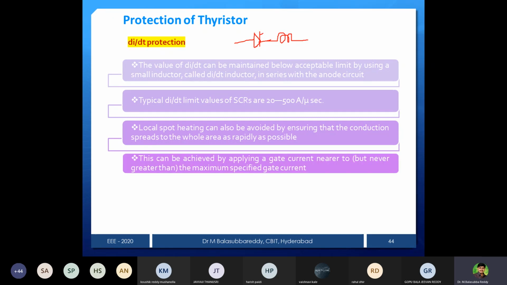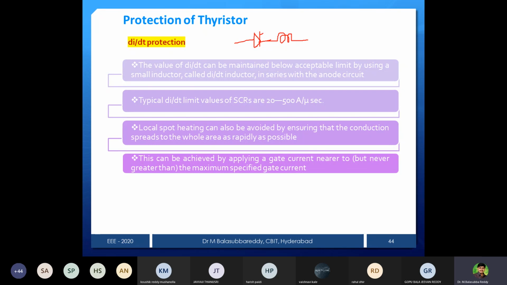And this can be achieved by applying a gate current near the maximum specified gate current. It should not be beyond the higher value. These are the reasons the designer specifies Ig minimum and Ig maximum in each specification or data sheet. If you pass a gate current below Ig maximum, this problem will not arise.